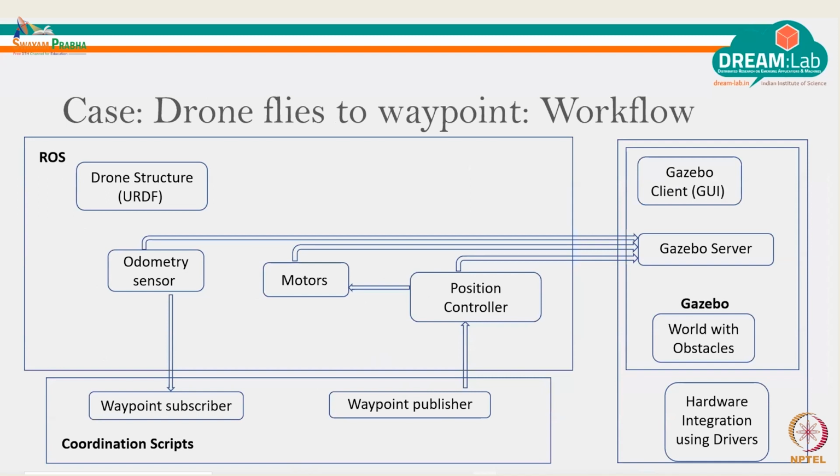So in this URDF file, which defines the drone structure, this has 3 categories. It defines the inertial frame, about the mass and about the weight and all those things. And then it has the visual frame as to how should the robot appear.